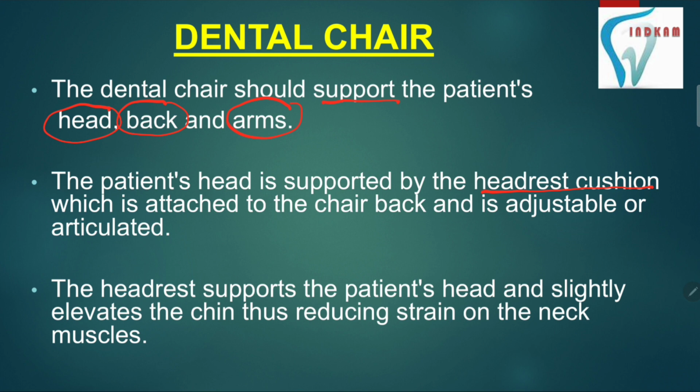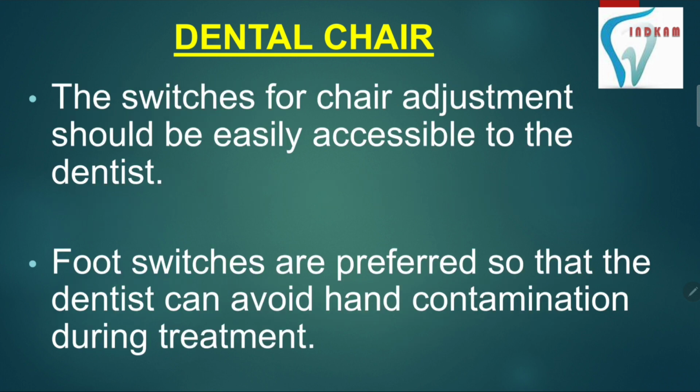The headrest supports the patient's head and slightly elevates the chin, thus reducing the strain on the neck of the patient. The switches for chair adjustment should be easily accessible to the dentist, and foot switches are preferred so that the dentist can avoid hand contamination during the treatment procedure.